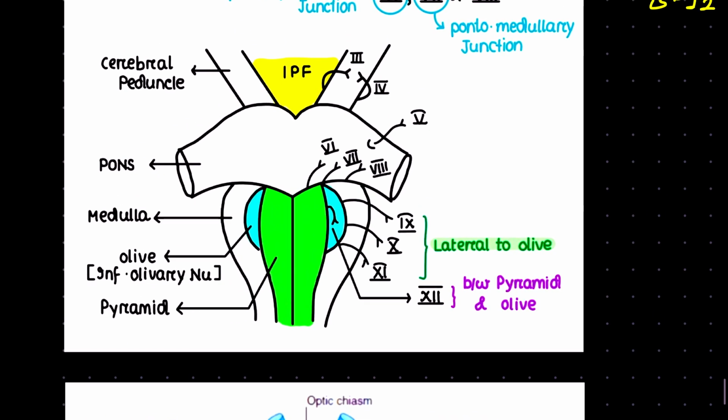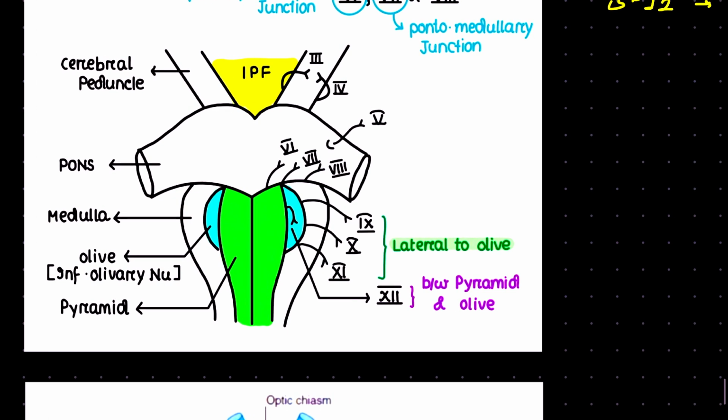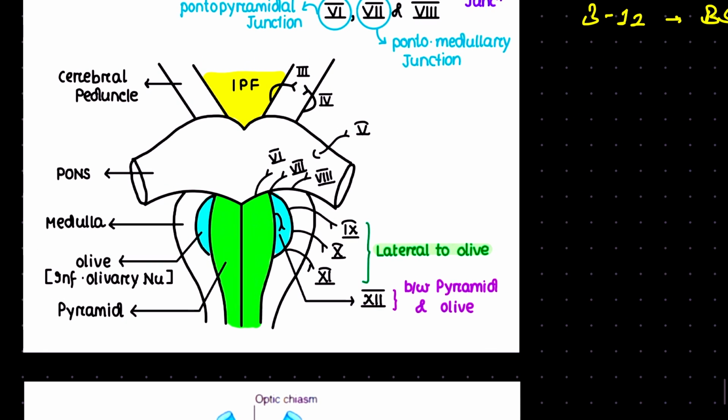Now one important fact that I would like to add here is that most of the motor nerves are seen close to the midline. I'm not talking about sensory, but motor nerves. Most of the motor nerves are seen relatively close to the midline. As you can see, our third cranial nerve, fourth cranial nerve, sixth cranial nerve, 12th cranial nerve, these are close to the midline.